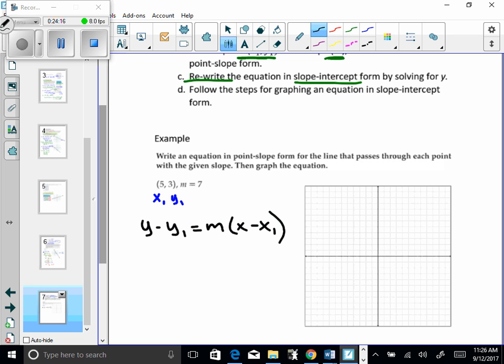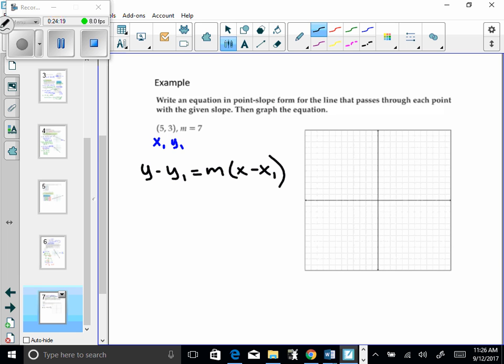This just gives us a way to start an equation if we're given a point and a slope. And we don't know what the y-intercept is. So the regular y and the regular x, that just represents all of the points that satisfy the equation. What we're really concerned about when we're doing substitution is the x1, y1.